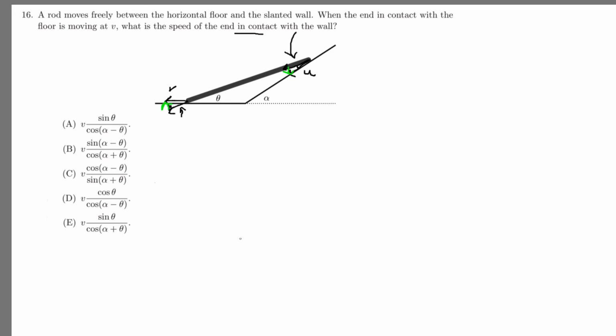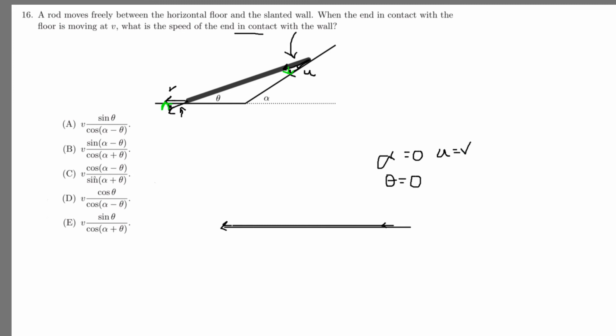What I first thought of is, what if alpha equals 0? What if theta equals 0? What if we just have it flat? If you pull this side with velocity v, then the other side will just move with velocity v. So given alpha equals 0 and theta equals 0, the velocity is just the velocity of the other end.